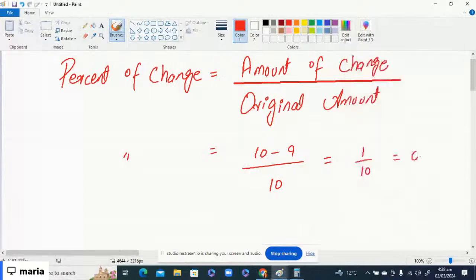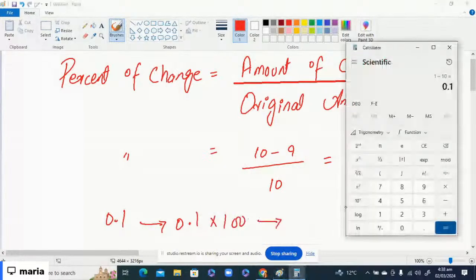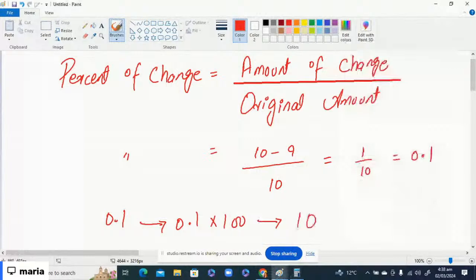It's 0.1. Now convert 0.1 into percent form. So 0.1 times 100, let's check, which is 10. This is basically the percent of change. That's it.